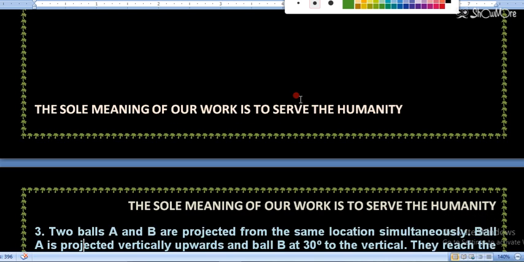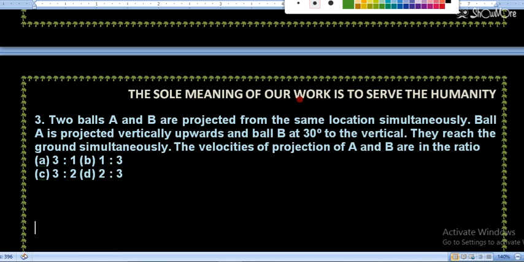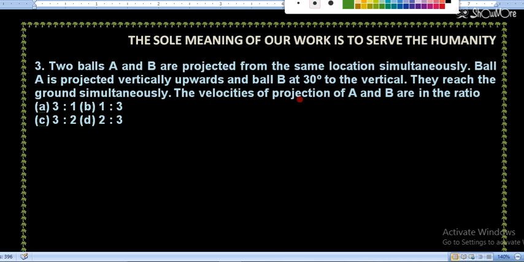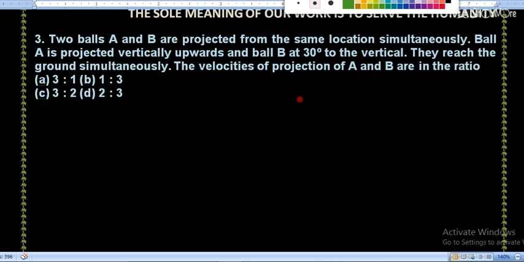Question number 3 is: two balls A and B are projected from the same location simultaneously. Ball A is projected vertically upward and B at 30 degree to the vertical.